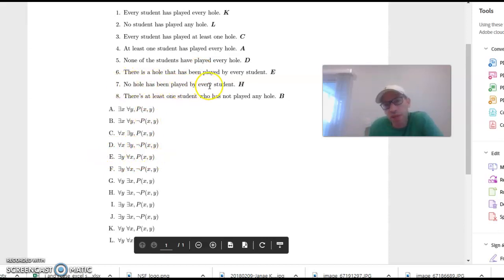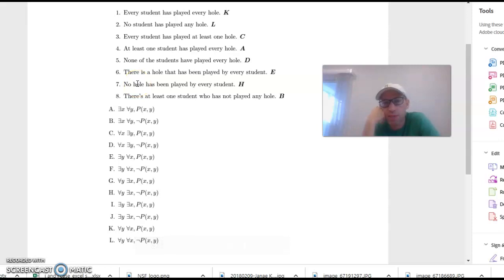No hole has been played by every student. Again, I think these are a little trickier because we don't immediately have a symbol for no hole. So we rearrange, we say that in English in a couple different ways. Any hole you choose, there's at least one student who hasn't played the hole.